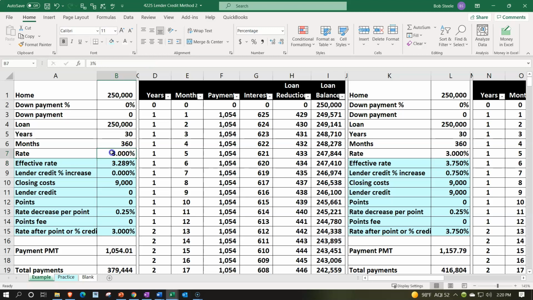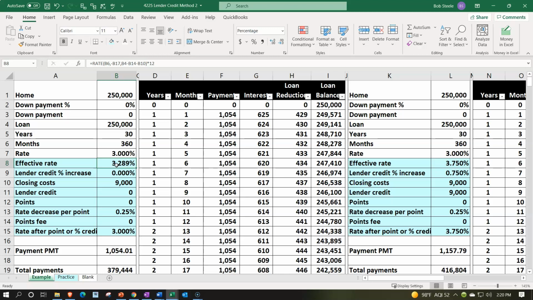So if our actual rate was 3% and the closing costs were $9,000, we're just making up the $9,000 here, and then we can roll that into the effective rate, which is similar to how the APR is calculated, to say that we'd have an effective rate of 3.289. So we'd be calculating the loan balance here based on the 3%, but we could say the effective rate for comparative purposes, rolling in the closing costs, would be the 3.289. That's one way to try to close everything out into one rate for comparison purposes.